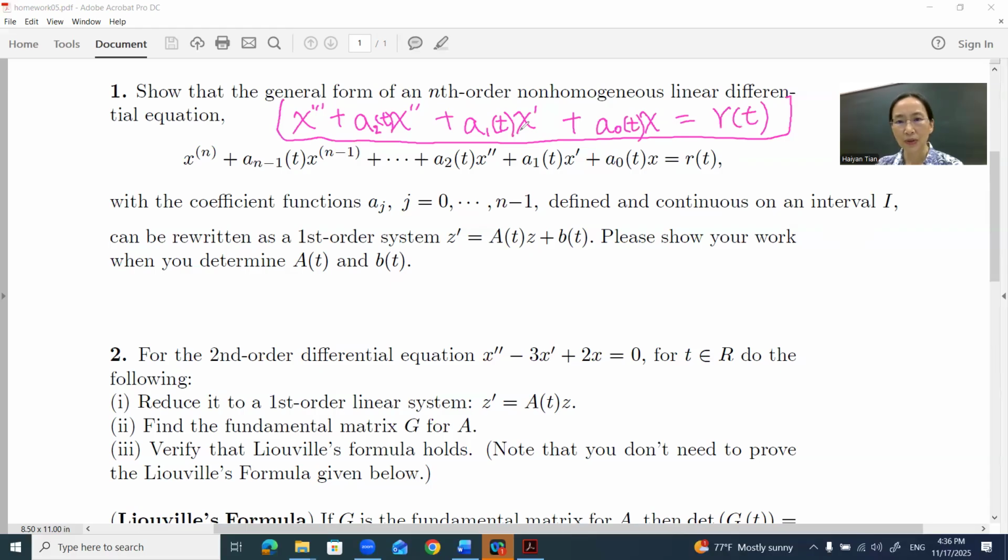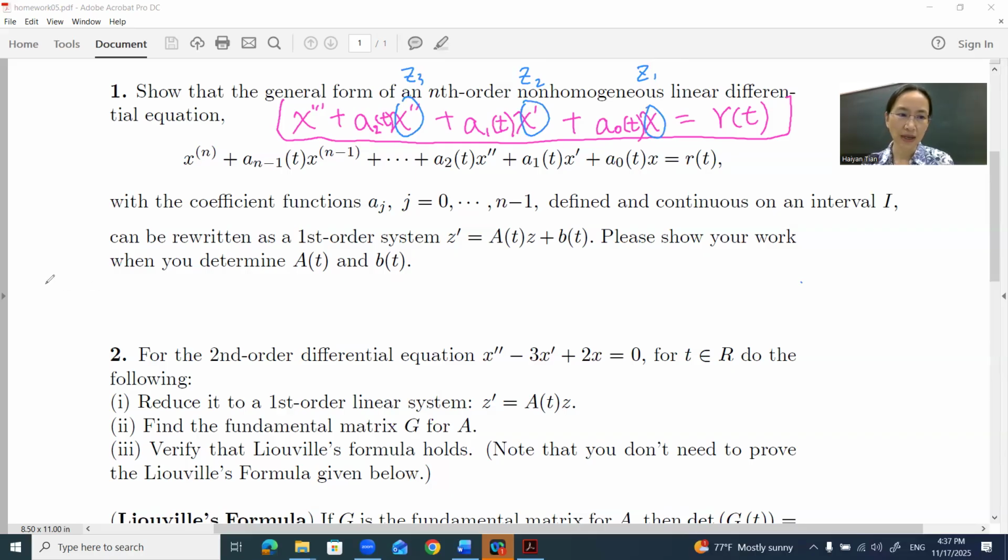Recall that we actually do a change of variable, right? So suppose we rename it. If your x, we call it z1, this is z2, this is z3. So I just rename these derivatives.